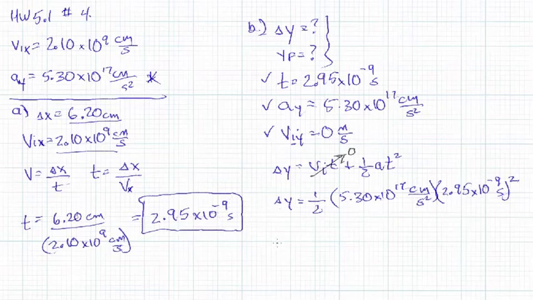This should give us our displacement in the y direction. So what is that? 1/2 times 5.30 times 10 to the 17th, times 2.95 times 10 to the negative 9th squared. We multiply it out, calculate it, and we get a y displacement of 2.31.